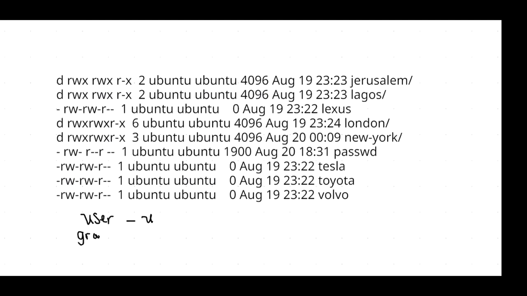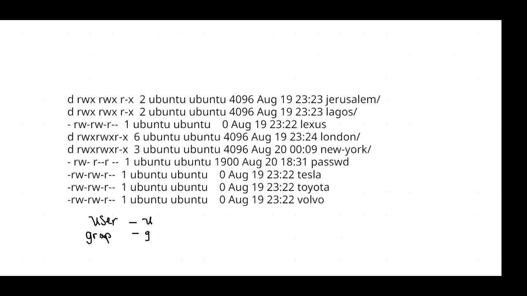Group, represented with G. And others, represented with O. Okay. So this is the one that tells you if it is a folder or a file.